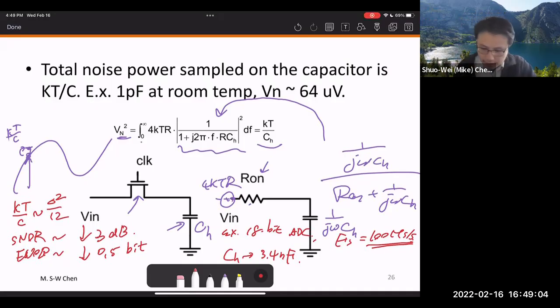If you back calculate, your turn-on resistance has to be as small as 0.1 ohm. That's a very small value. So I hope you can appreciate how difficult it is to design a sampling circuit like this.